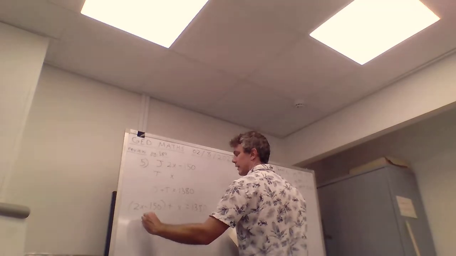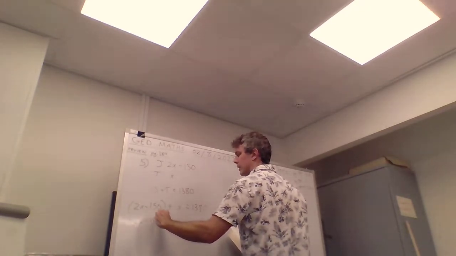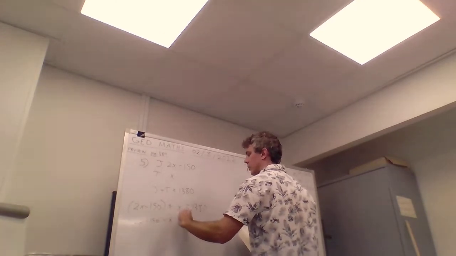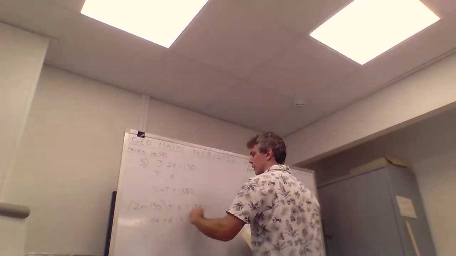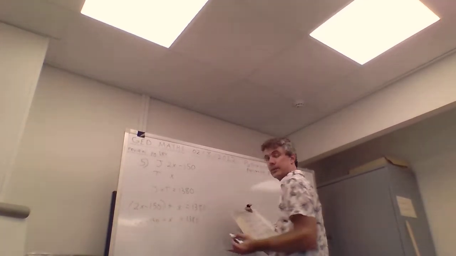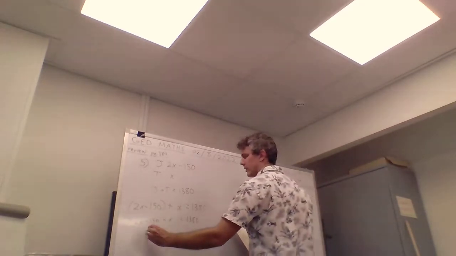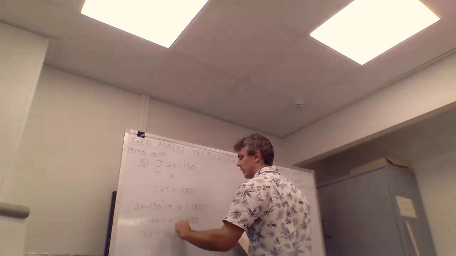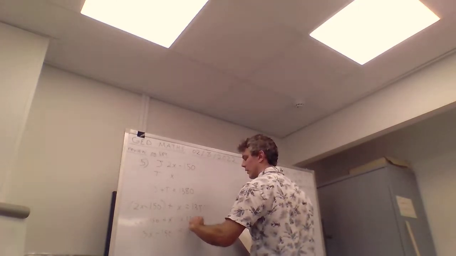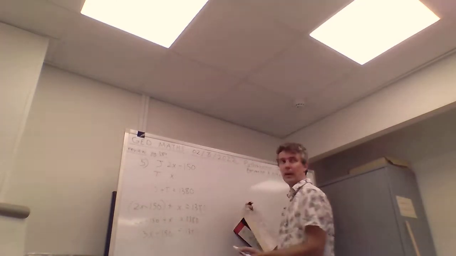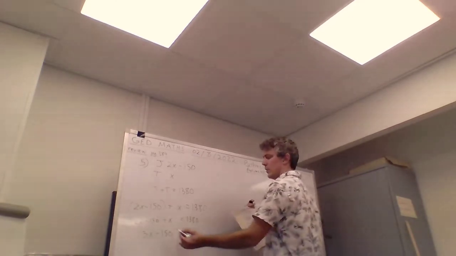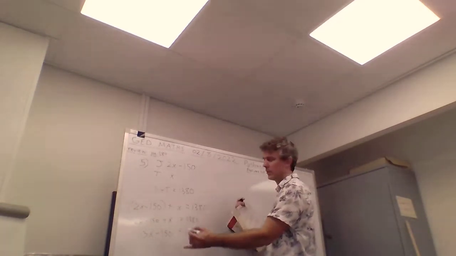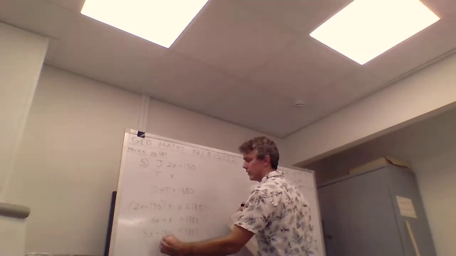So it's 2X minus 150 plus X equals 1380. 2X plus X is 3X. So 3X minus 150 equals 1380. Now we want to get X by itself. So first we want to get rid of this 150, so we add 150 to both sides.